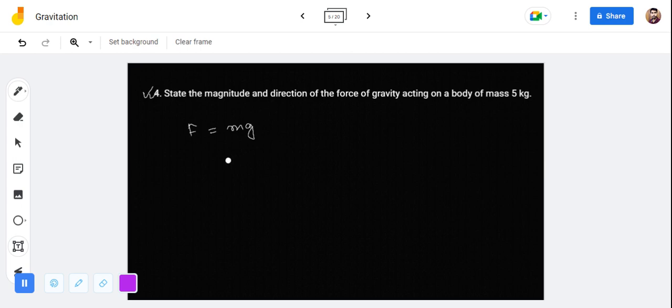Now put the value m equal to 5 kg and g equal to 10 meter per second square or 9.8 meter per second square. Both are correct, but in the book the value of acceleration due to gravity is given as 9.8, so we will take 9.8 here. So the answer will be 49 Newton.